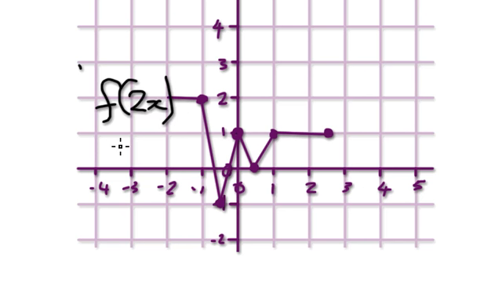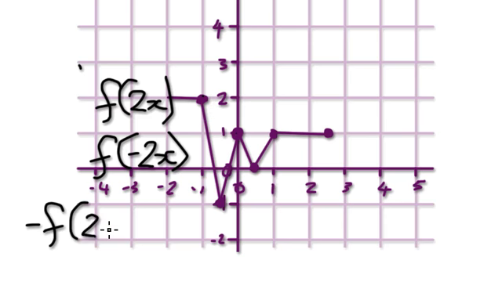If you want f of negative 2x, this means you're going to reflect it along the y-axis. Remember, if the negative is on the outside, then you're going to reflect it in the y direction.